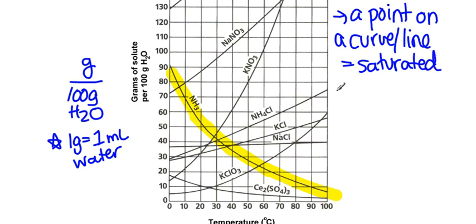If you're looking at a point for a substance and it falls below the line at that temperature, it's considered unsaturated. So let's say at 50 degrees Celsius, I see the solubility of potassium nitrate is 70 grams per 100 grams of water. Since that point falls below the curve, it's unsaturated. I would need to add another 10 grams to get to the saturation point at that temperature.